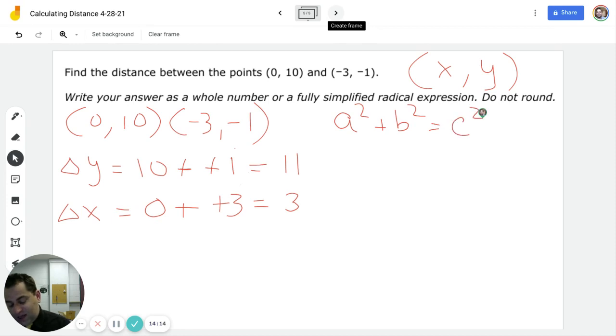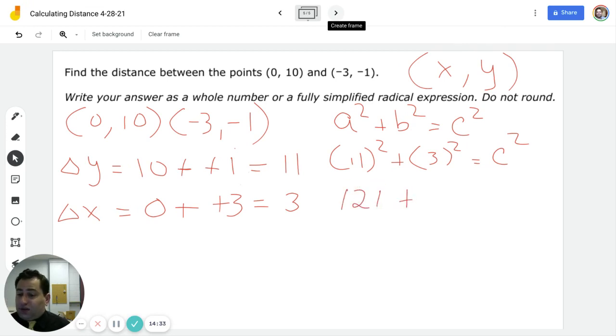So I know I have 11 squared plus 3 squared equals c squared. Well, 11 squared, this is one I just happen to know is 121. But of course, use your calculator if you need it. 11 times 11. 3 squared is 9. You should know that one. And then 121 plus 9 is 130.